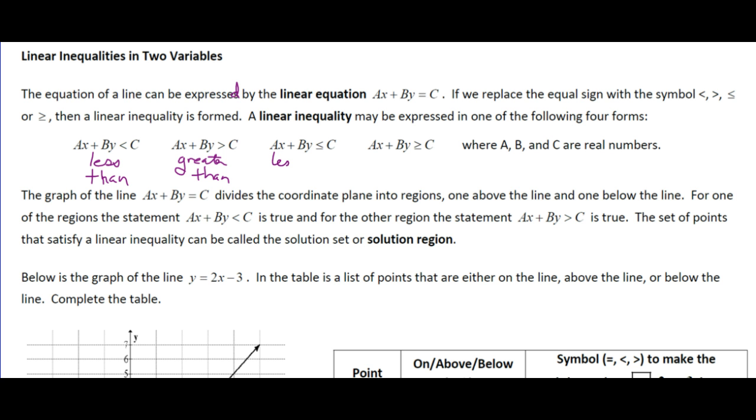Ax plus by is less than or equal to c, and this one greater than or equal to c, where a, b, and c are real numbers.